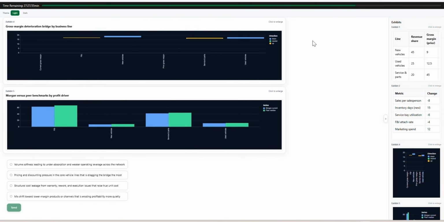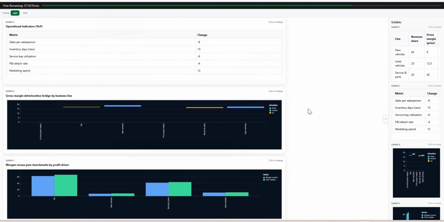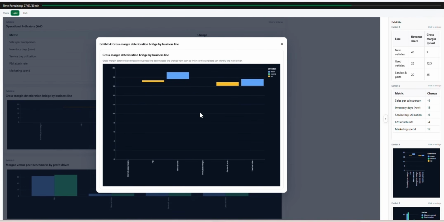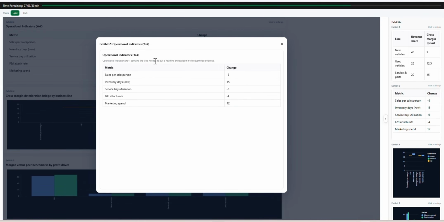And here's how we figure that out. Part of this question is to understand that judgment matters. The exhibit evidence points most strongly to the pressure in core vehicle lines. So if we look at Exhibit 4 and we look at Exhibit 2, we can understand this. That doesn't mean that other issues are irrelevant.